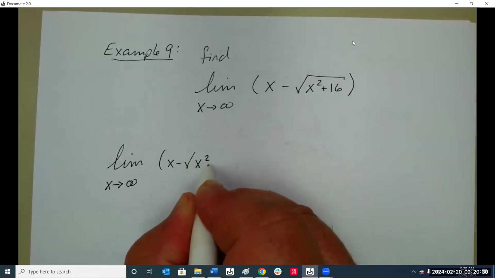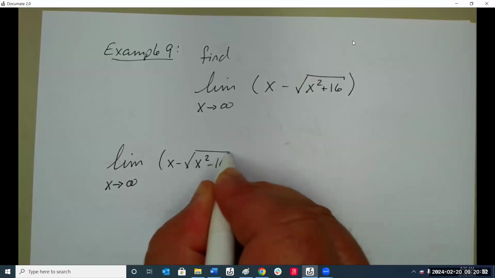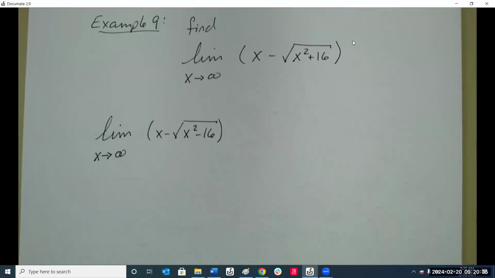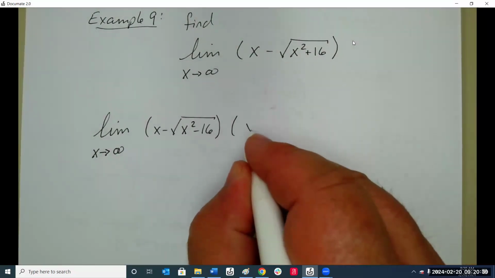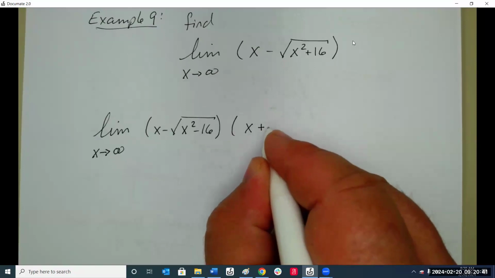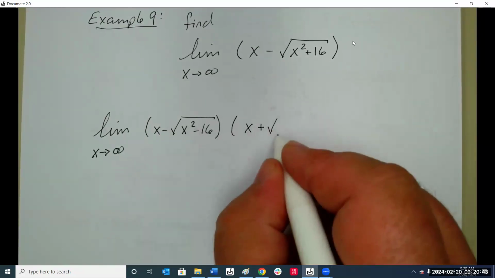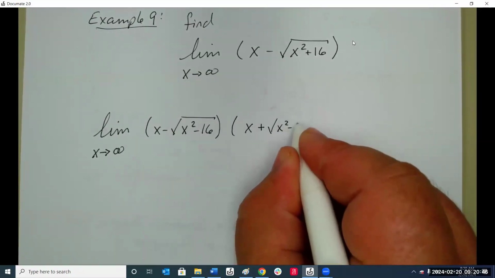What is a conjugate? It's where you change the sign in the middle, change the value of it.